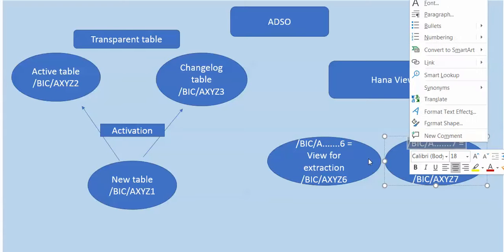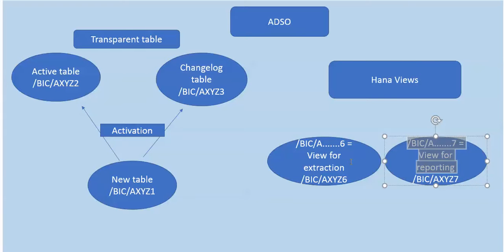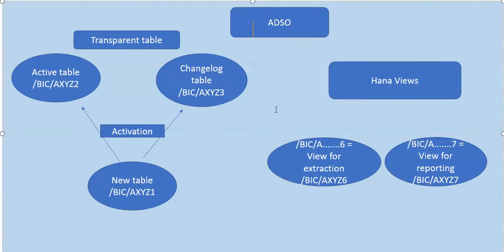You can use either 6 or 7 as a data source. As I mentioned again, for HANA modeling, views are always faster at providing data. So this explains a lot about ADSO.